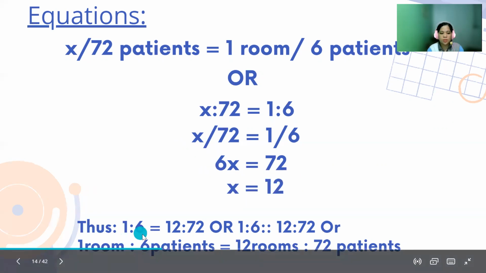Thus, 1 to 6 equals 12 to 72, or 1 to 6 is proportionate to 12 to 72, or 1 room per 6 patients equals 12 rooms to 72 patients. Got it?